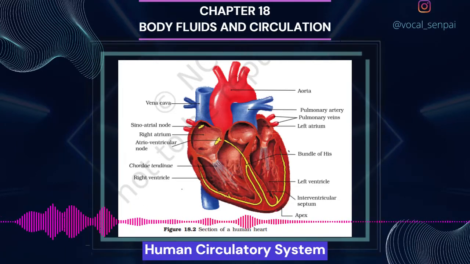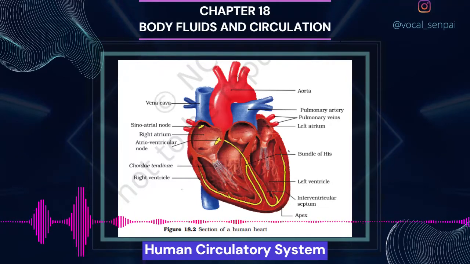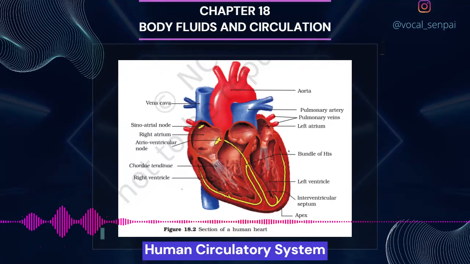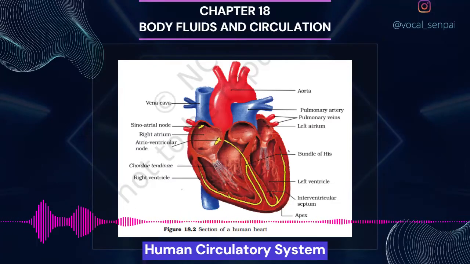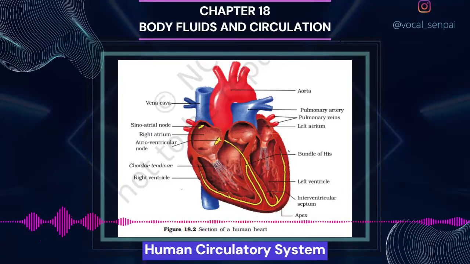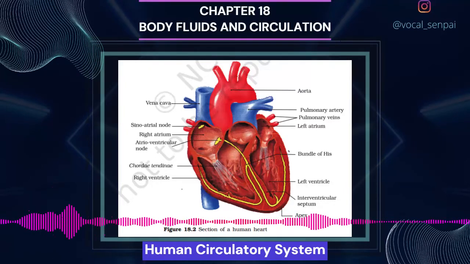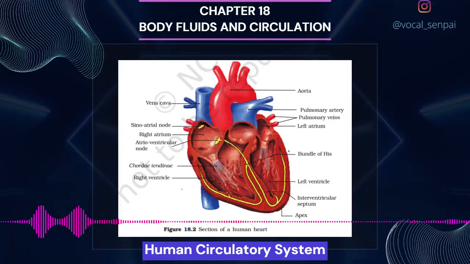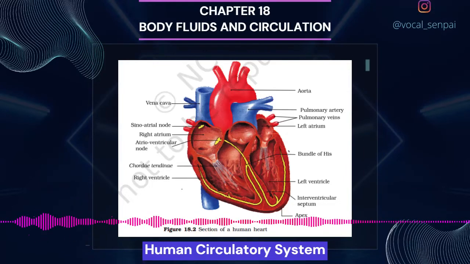A bundle of nodal fibers, the atrioventricular bundle, AV bundle, continues from the AVN which passes through the atrioventricular septa to emerge on the top of the interventricular septum and immediately divides into a right and left bundle. These branches give rise to minute fibers throughout the ventricular musculature of the respective sides and are called Purkinje fibers.